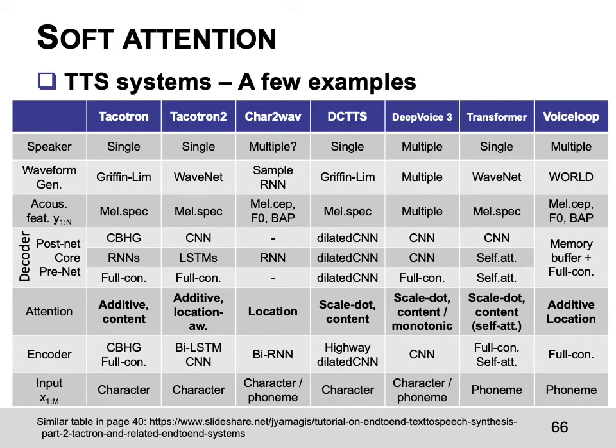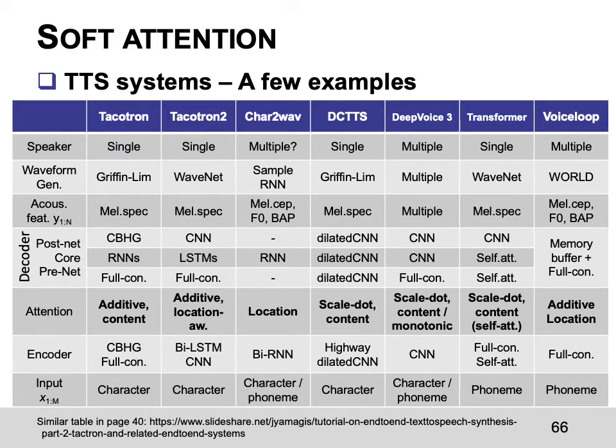To help you understand the difference between different types of sequence-to-sequence TTS system, I summarize the details and differences in this table across the different TTS systems. There are many details here, for example, in terms of the waveform generator, the acoustic features, the architecture of the decoder and encoder. But let's focus on the attention here.